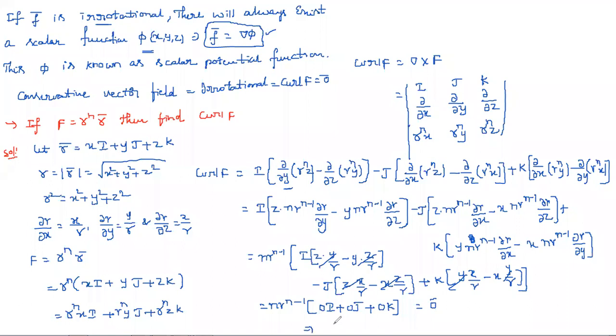Obviously we can say that f equal to r^n r-bar is an irrotational vector. Okay, is it clear?